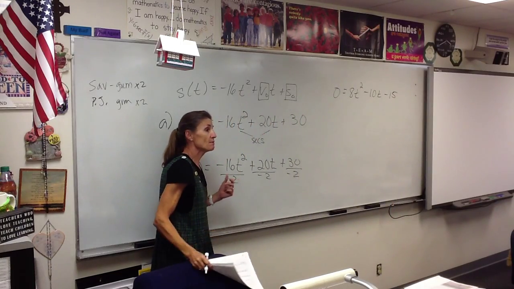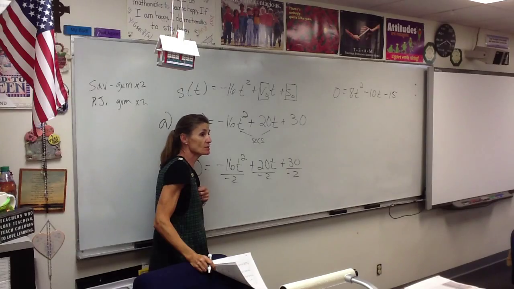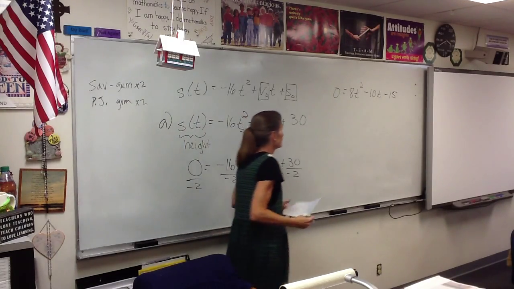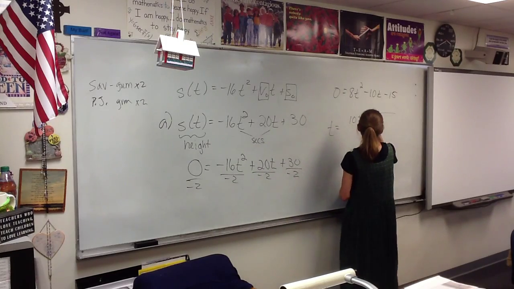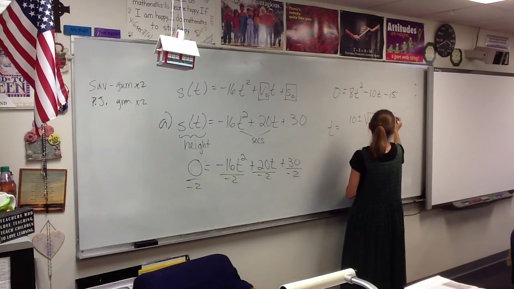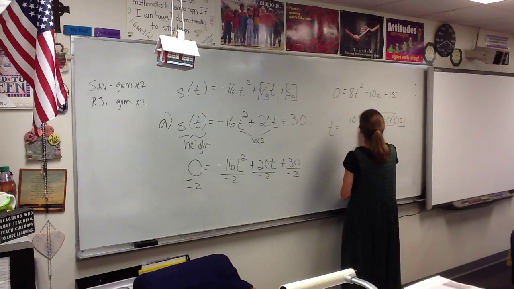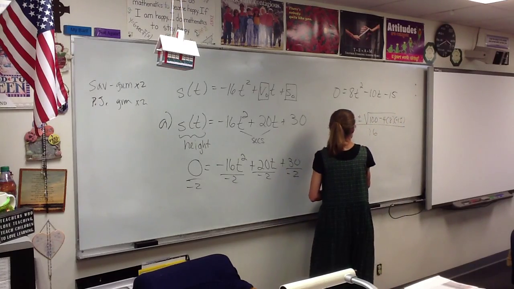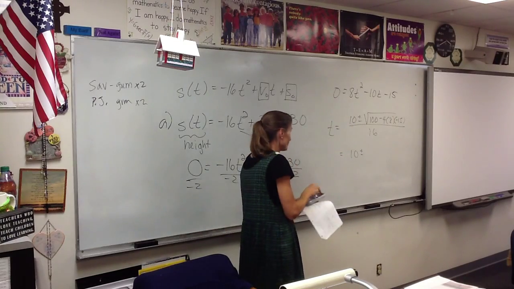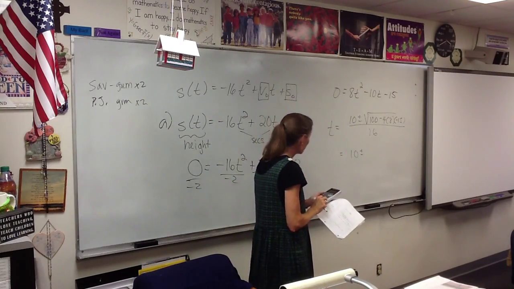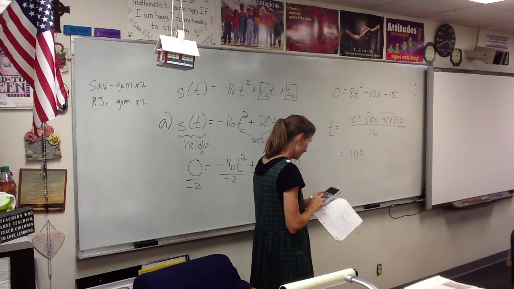Now, what happens if you don't divide? Will you get the same answer as me? Yeah. So don't be confused. T equals -b plus or minus the square root of b squared minus 4 times a times c all over 2a. Again, you've got the double negative, so please be careful.